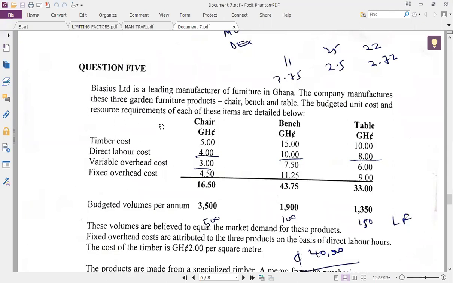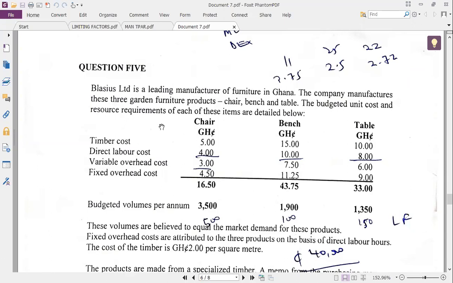Direct labor. So timber is what? The direct material. Good. So direct labor costs, they are there. Variable overheads, all of them too there. Fixed overhead costs, so there. Budgeted volumes per unit, that is the sales units. Good. All of them are there.